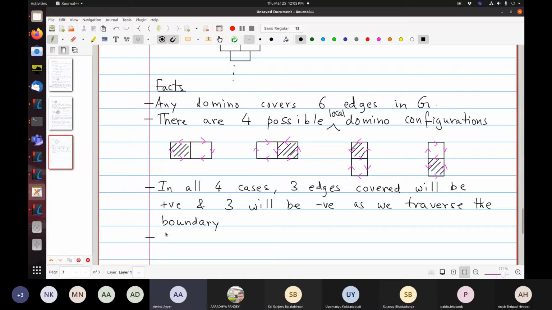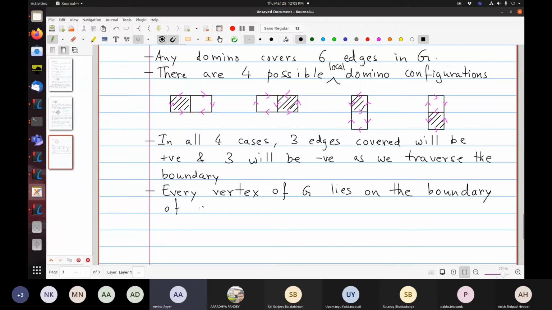And finally, every vertex of G lies on the boundary of at least one domino in T plus.